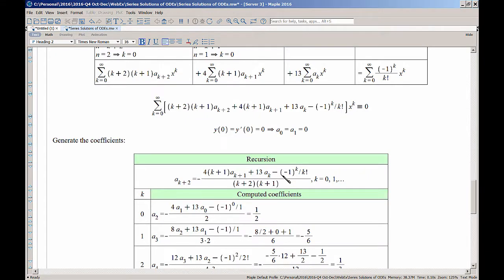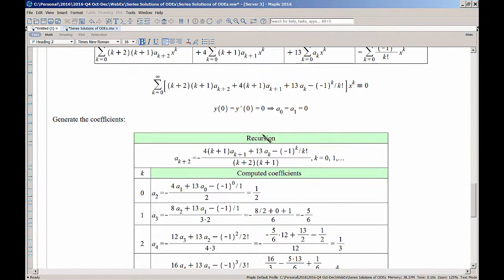And that's what gives rise to the recursion, where we have set this equal to 0 and solved it for a k plus 2. So a k plus 2 is on the left, everything is thrown to the right, and it's here written with a minus out front. 4k plus 1, ak plus 1, 13 ak, and this coefficient from the expansion of e to the minus x, and then divide by k plus 2, k plus 1.